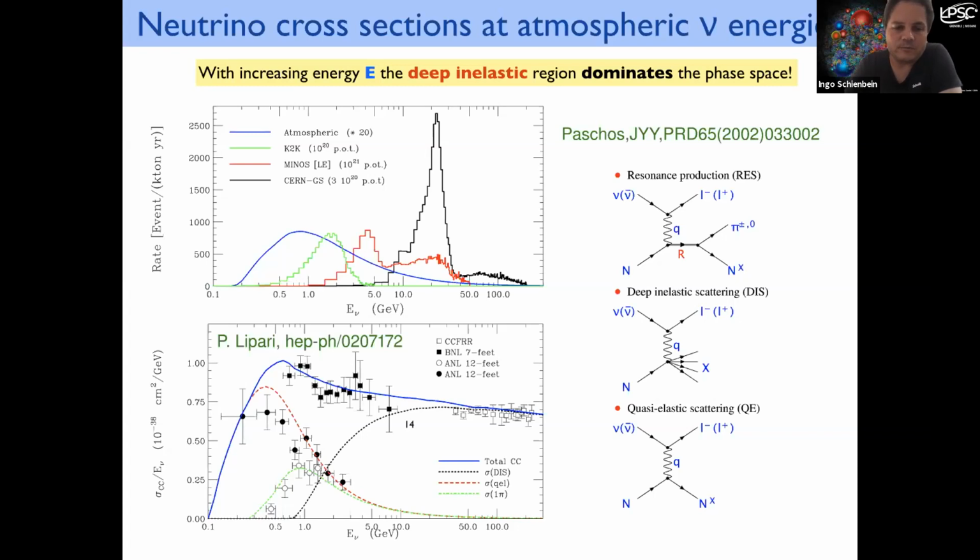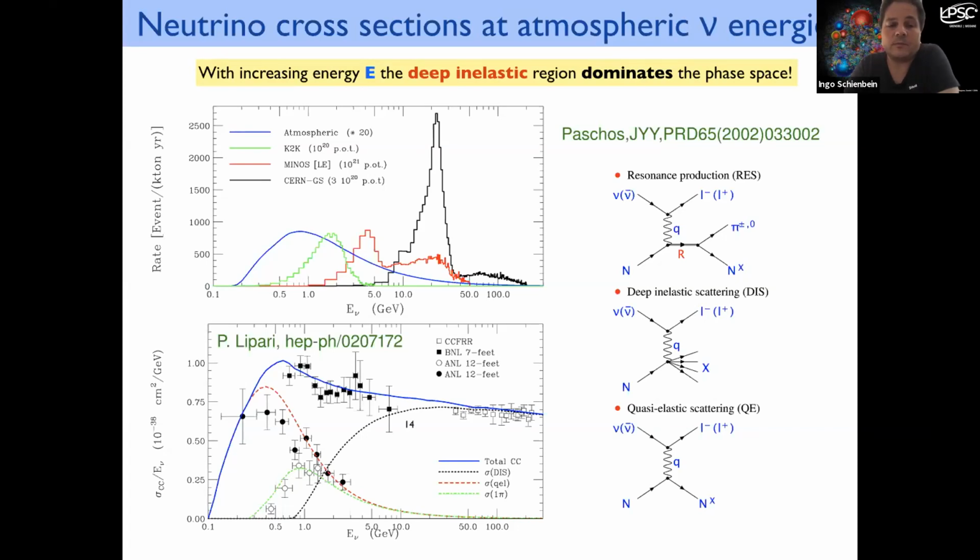But in the region which is interesting for these neutrino long baseline experiments, you see that all three contributions, the green curve, which is the resonance production, and the red dashed line, which is elastic or quasi-elastic scattering, are all important.